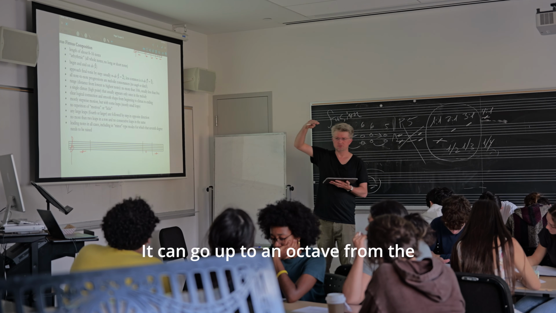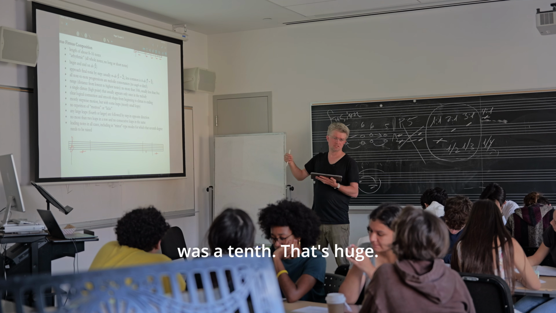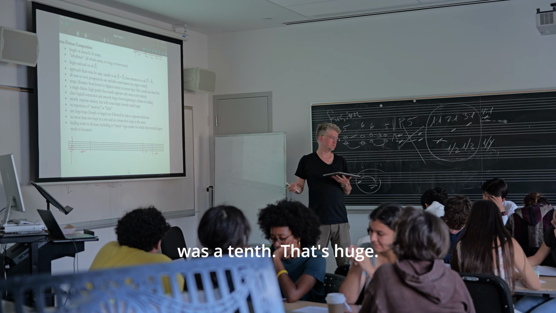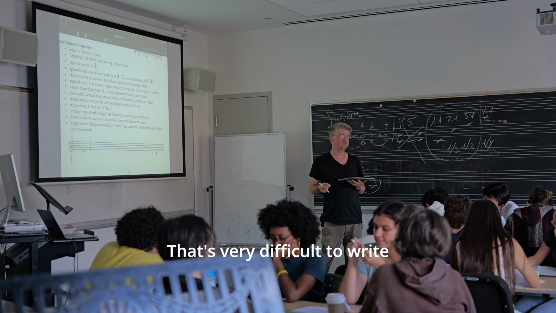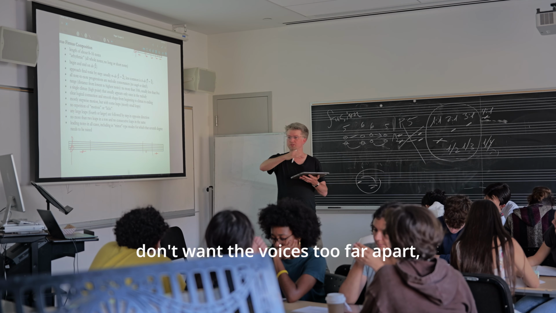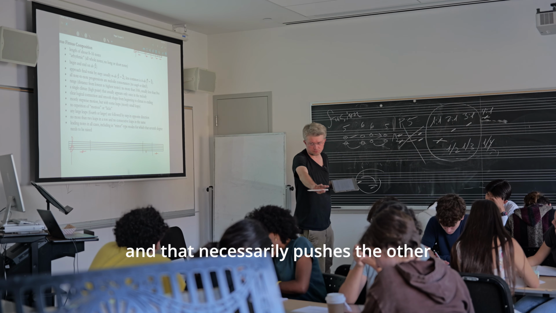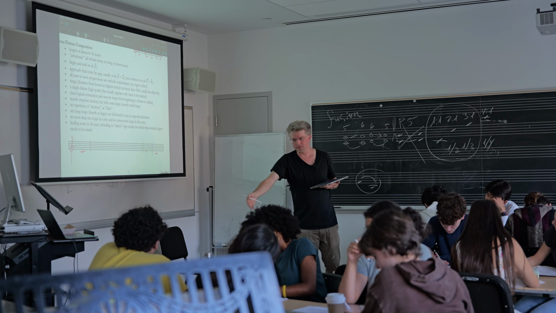It can go up to an octave from the highest note to the lowest note. I have never seen one that was a tenth. That's huge. That's very difficult to write counterpoint against for the very reason I told you, that you don't want the voices too far apart, and that necessarily pushes the other voice way up into the stratosphere.